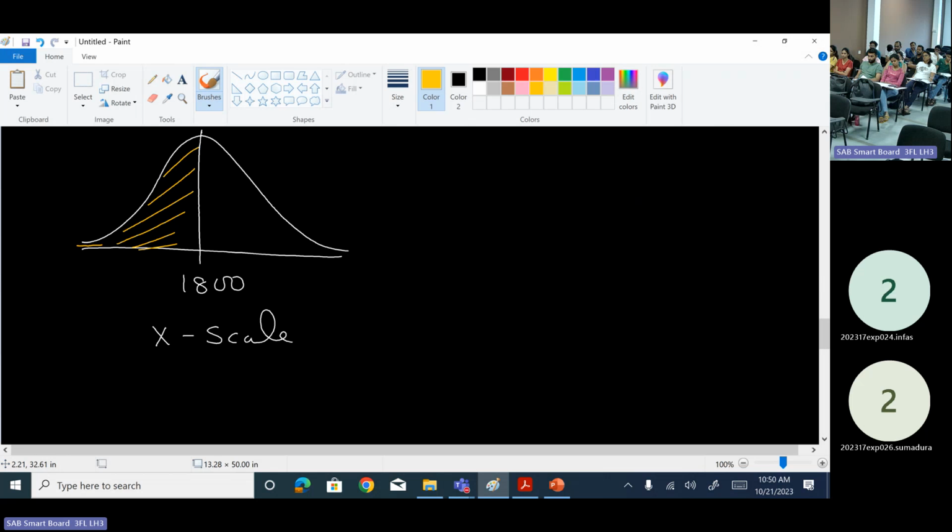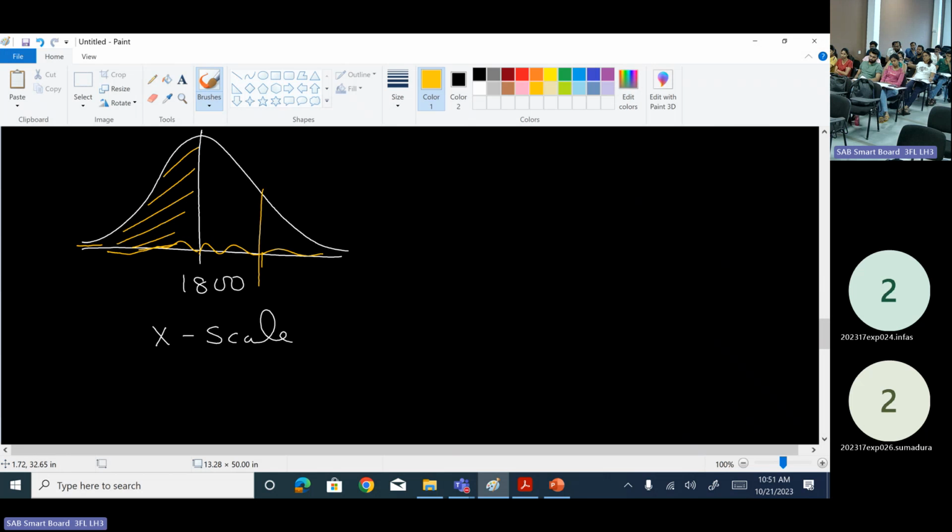Now suppose I give a value above 1008. Then I have to cover more than 50%, maybe 60% or 70%. But they are willing to replace only 10% of the bulbs. So should it be a value above 1008 or below 1008?